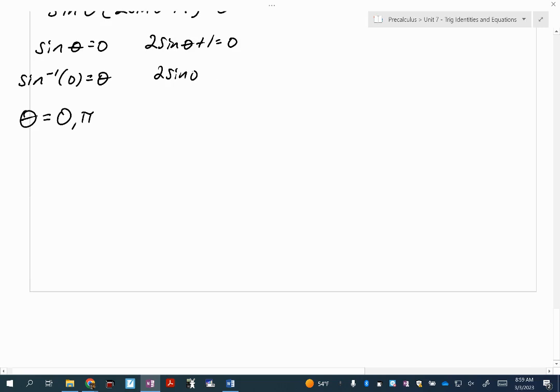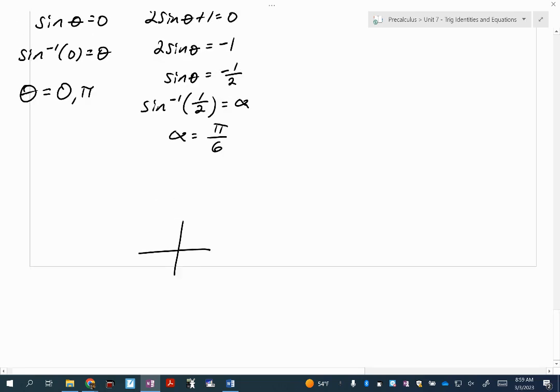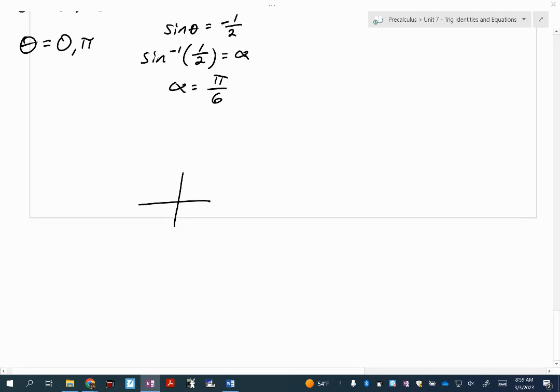Let's isolate this sine of theta. That's -1. Divide by 2 to get -1/2. I think we've done this a couple of times. So sine to the negative first power. Notice I'm doing +1/2 to find my reference angle. Reference angle is going to be pi over 6. And I'm looking in my quadrants for where sine is negative, which is going to be the third quadrant and the fourth quadrant.